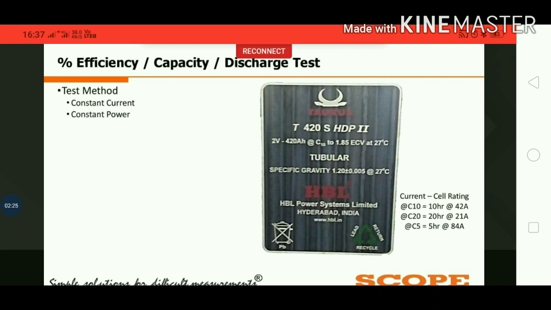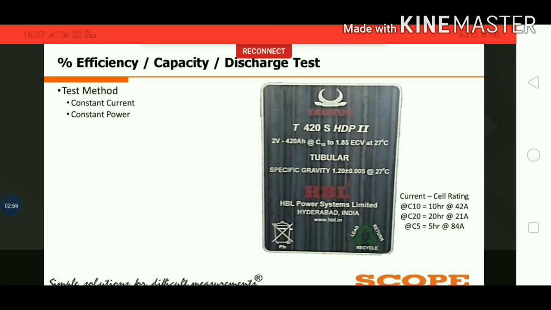As per the IEEE guidelines, there are two test methods to carry out the discharge test. One is the constant current mode, the other is the constant power mode. To understand the constant current mode, you can see the cell rating, which was available in the earlier slide.